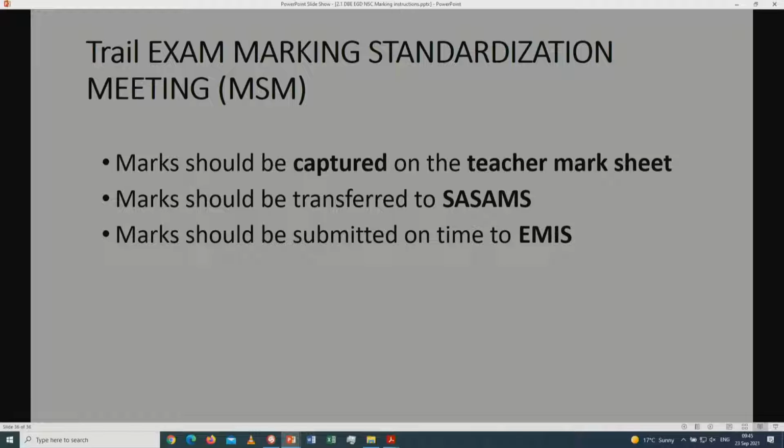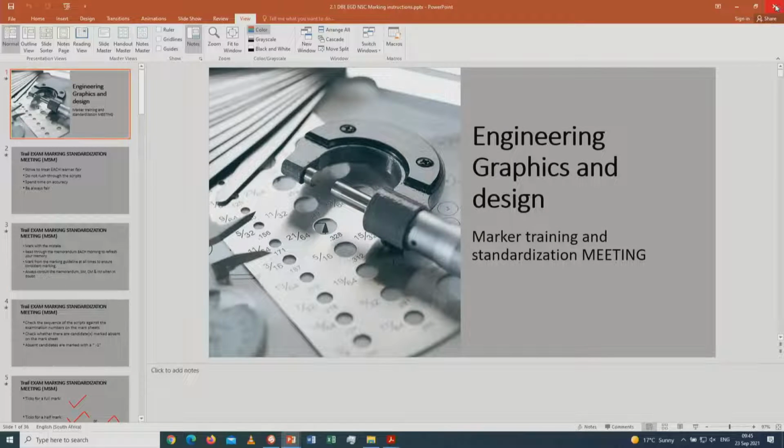And if there are some schools that have no marks on EMIS, then of course it makes it very difficult to get totals and averages of the province or something like that. All right, so that is what I'd like to point out to you in this regard.